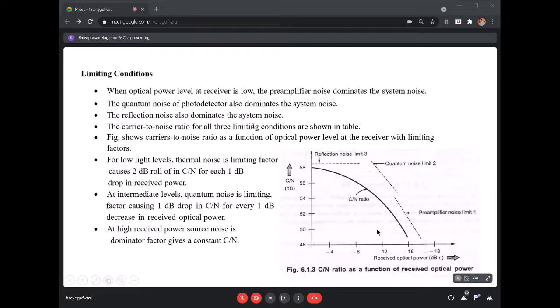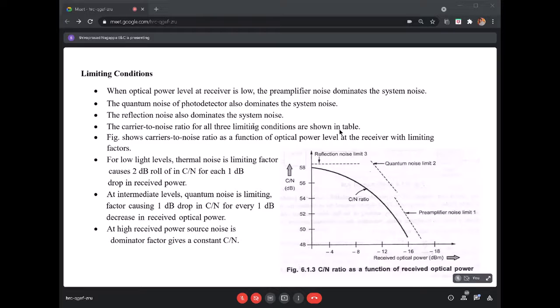Next come the limiting conditions. What are the limiting conditions? As you all know, we encounter many noises at different stages or levels. For example, whenever the optical power level at the receiving end is low, the preamplifier noise is going to dominate the system noise.